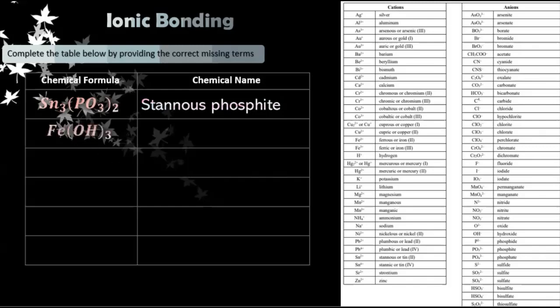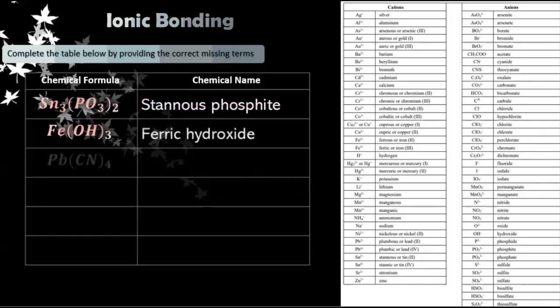Second example, Fe(OH)3. Fe is either ferrous or ferric, and we have here subscript 3, so therefore the charge of iron Fe is 3, and that is ferric. Okay, ferric, and OH is hydroxide. Therefore the answer is ferric hydroxide.